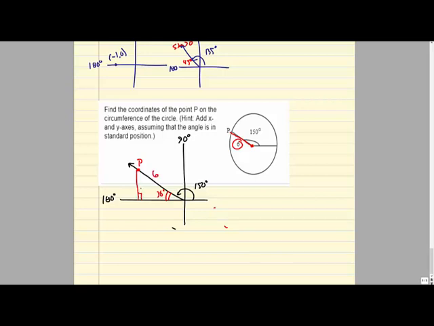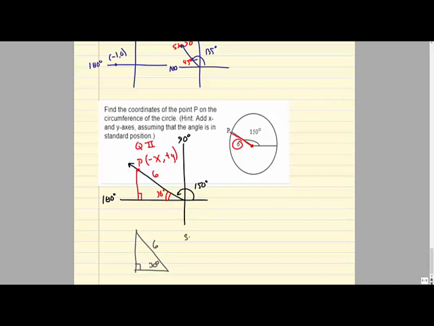So if I drop in an altitude, you'll see some familiar things appearing here already. So what I want to do next is realize that with this point P, the x value is going to be negative and the y value is going to be positive because I'm in quadrant 2. Okay, so keeping that in mind, let's go ahead and blow up this triangle a little bit. So here's my 90, here's my 30-degree angle, and I know that this is 6.